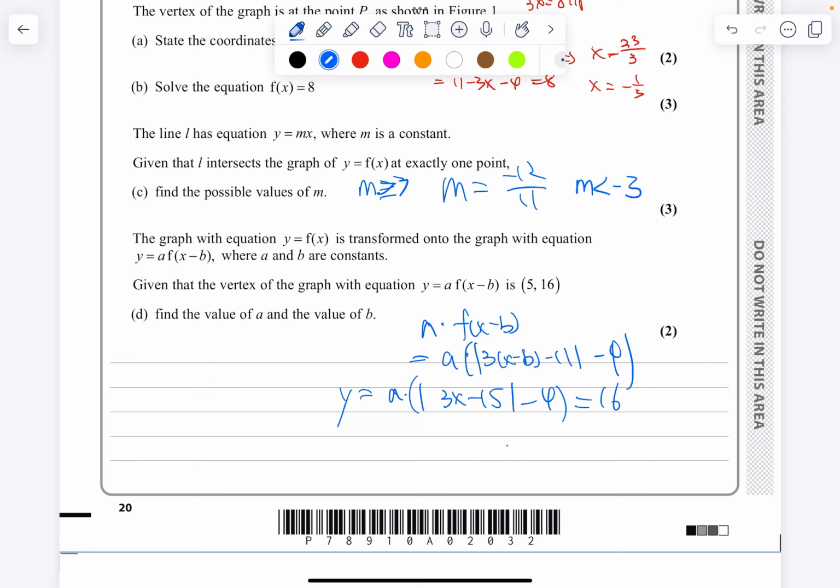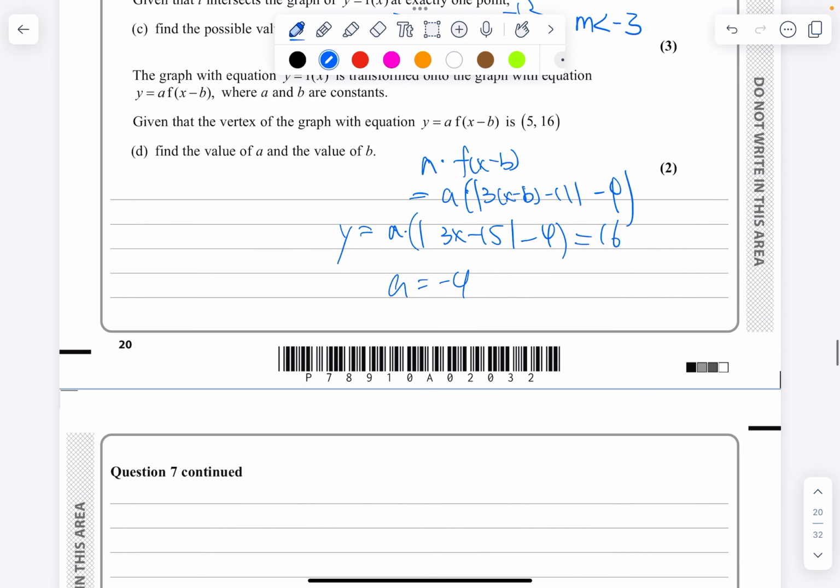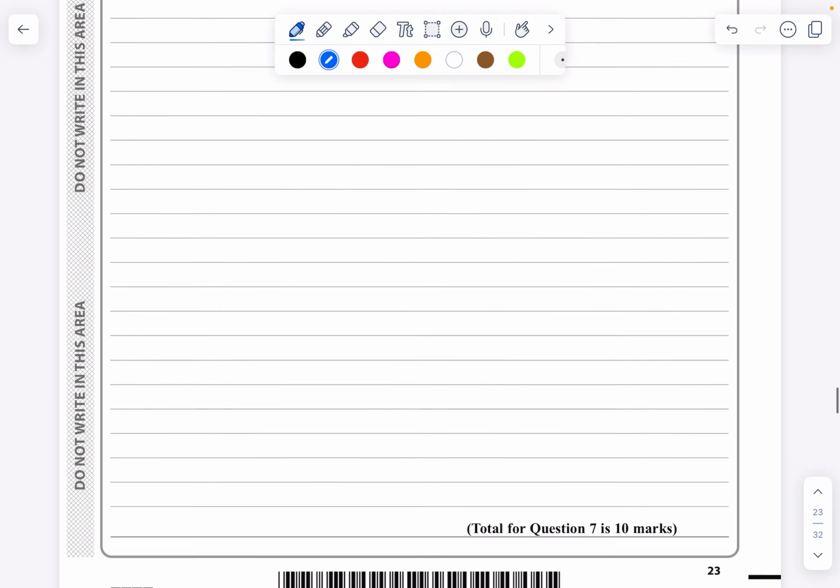So that means a must equal negative 4, because a times negative 4 equals 16, right? So a must be negative 4. And then b equals 4 over 3. Let me just write that down because it's finding a and b. Okay, that is tough for a 2-point question.